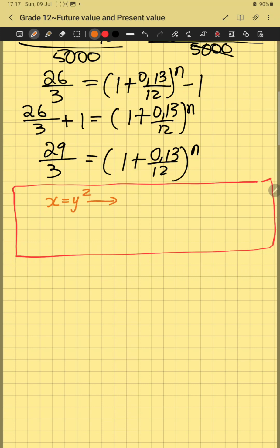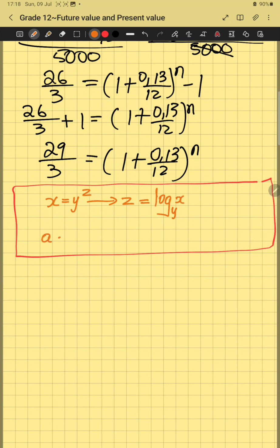How can we change this to logarithm form? The variable that is an exponent will become the subject, and we say log, and then the one that is a base right now will remain as the base, and the one that is a subject will become a number.